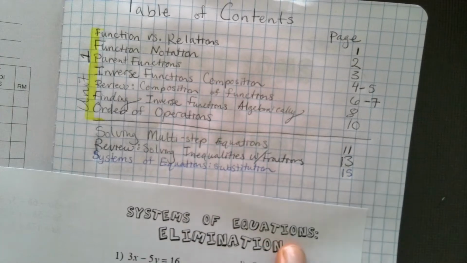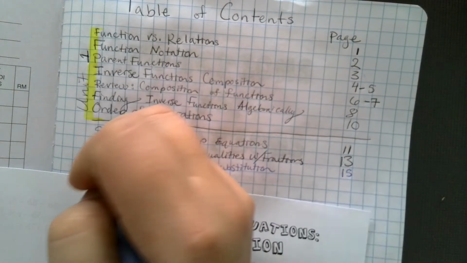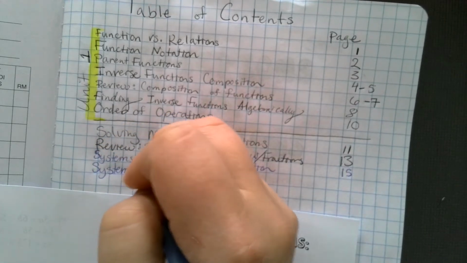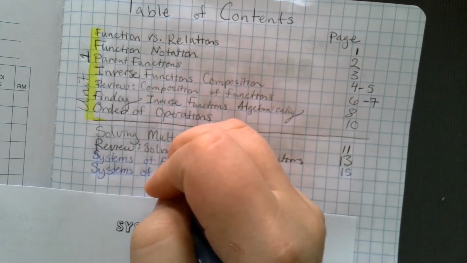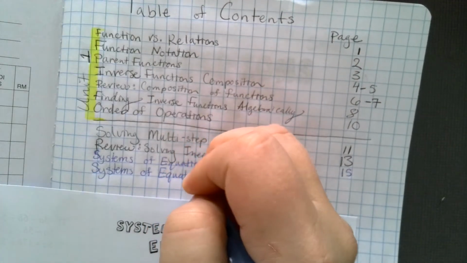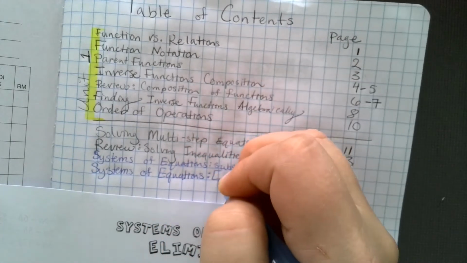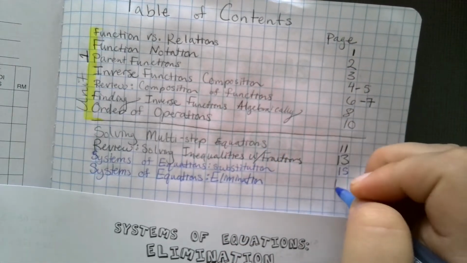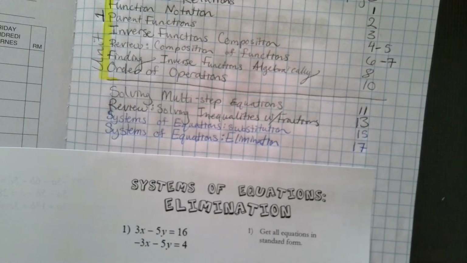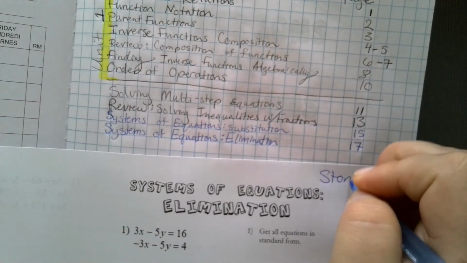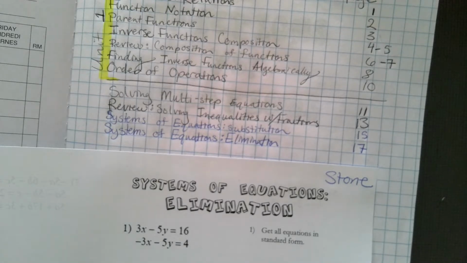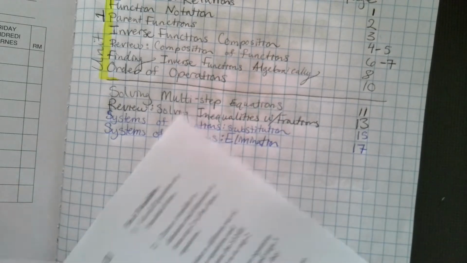Okay, I'd like us to put this in our journals. It's going to be Systems of Equations Elimination. Once you've got that down, go ahead and fold the notes.